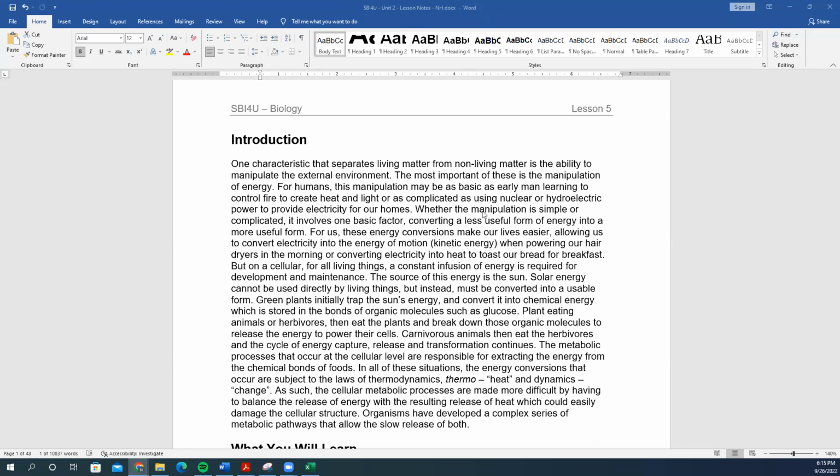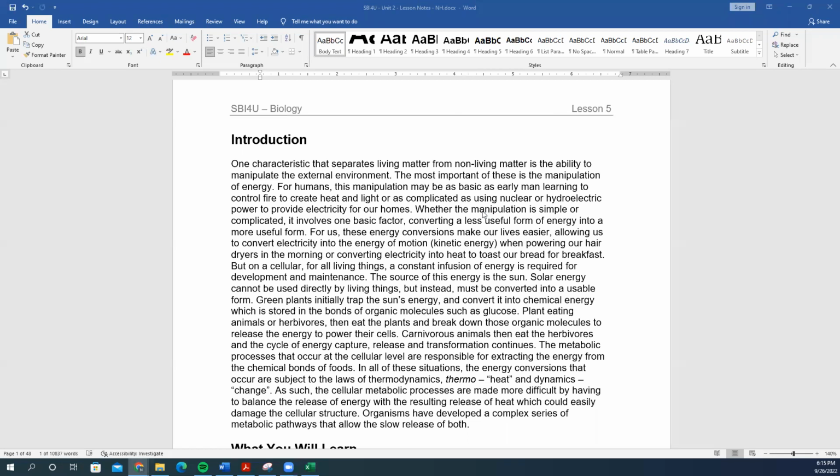For us humans, this might be as basic as when, in ancient times, early man was learning how to control fire and create heat and light, or it could be as complicated as today, how we use nuclear or hydroelectric power to provide electricity for our homes and our cities.